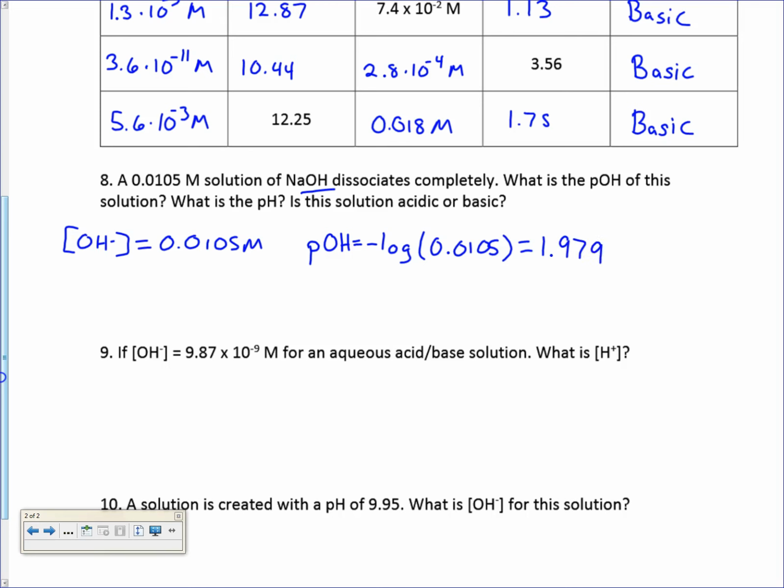All right, and then take 14 minus that, and you get pH. So pH is going to equal 12.021. And then if you look at the pH there, that should indicate to you that this is a basic solution.